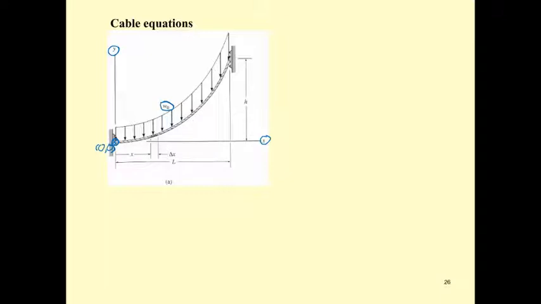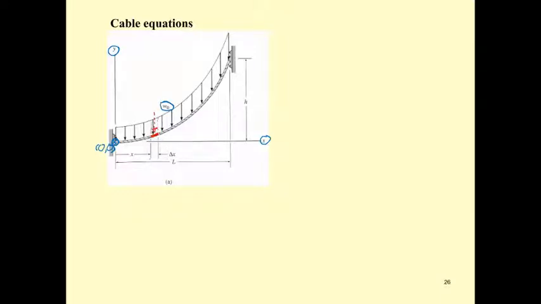If we consider this small portion of the cable, it is also subjected to a small portion of W sub naught, and it is subjected to force.